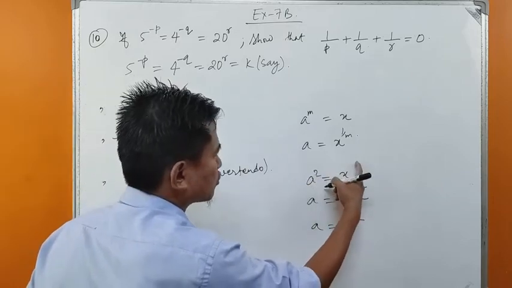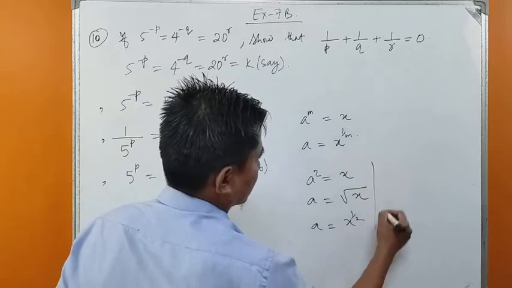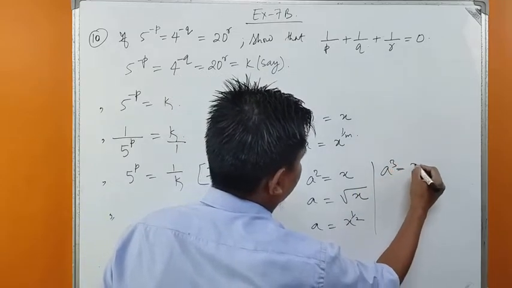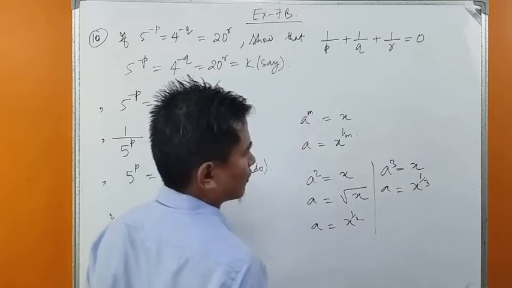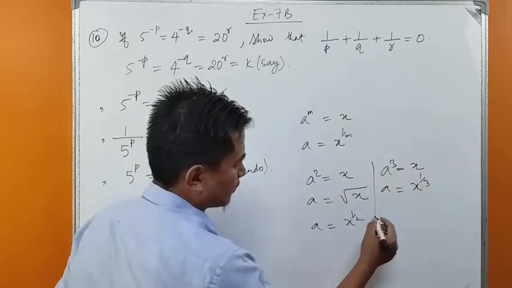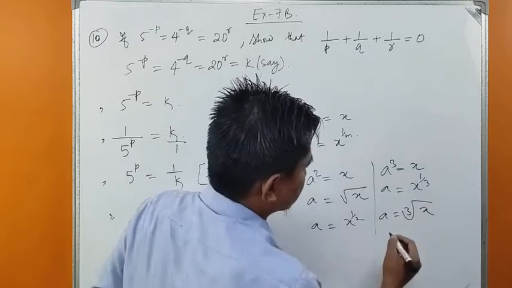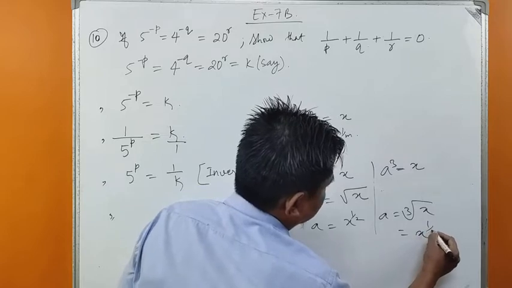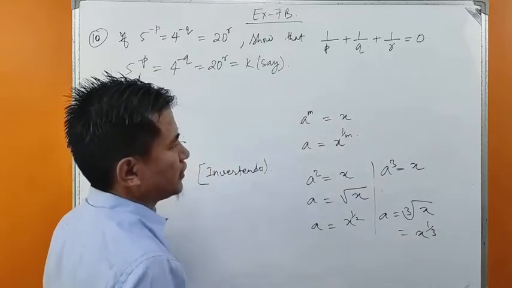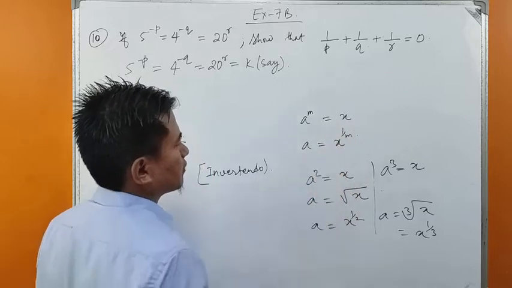Square, when it goes to the right hand side, becomes 1 by 2 as the power. If a cubed equals x, then a equals x to the power 1 by 3, because a equals the cube root of x, which means x to the power 1 by 3. The same thing: if the power is m and goes to the right hand side, it becomes 1 upon m.